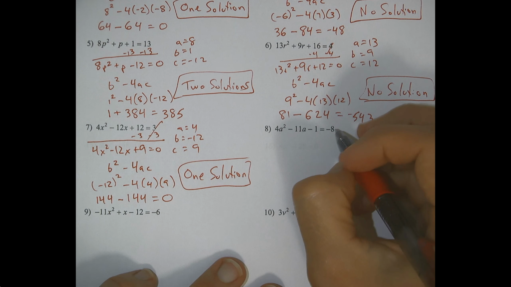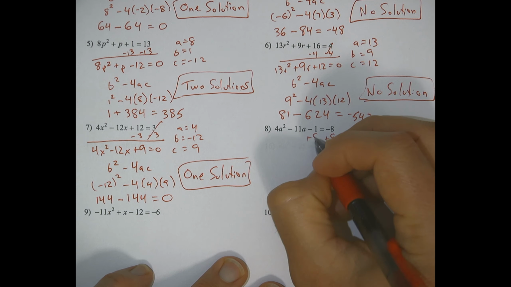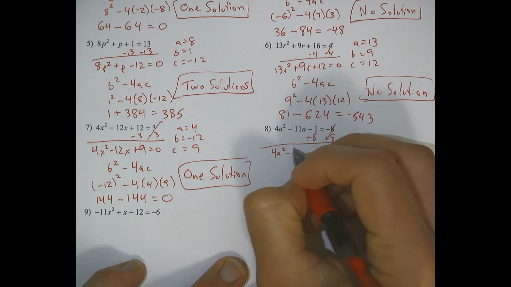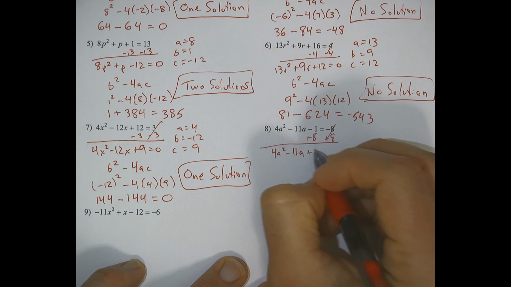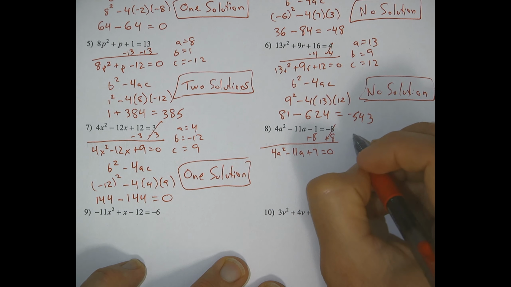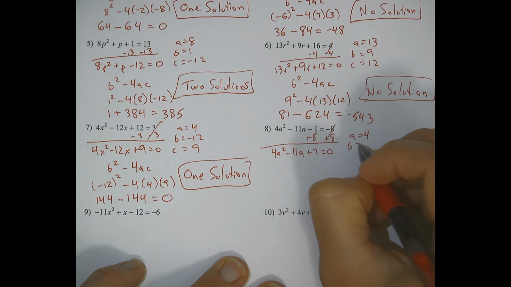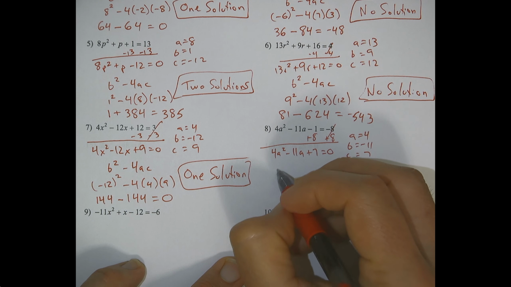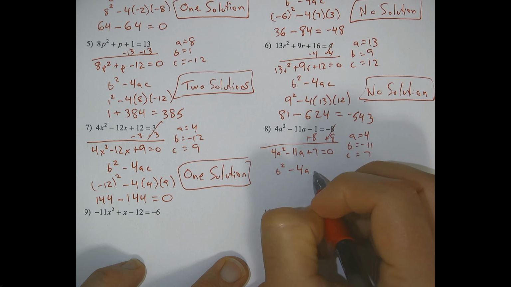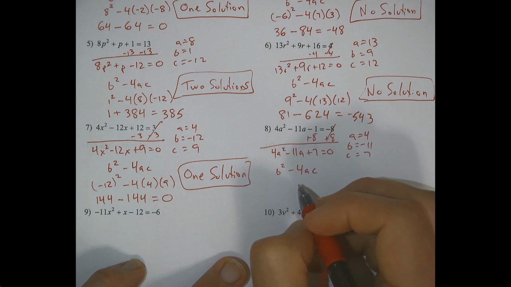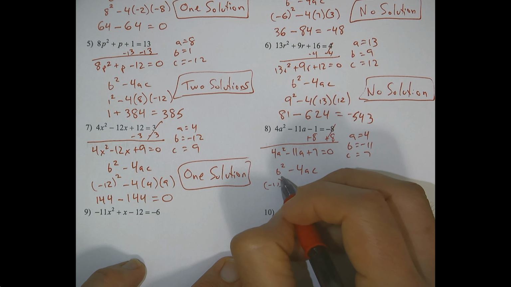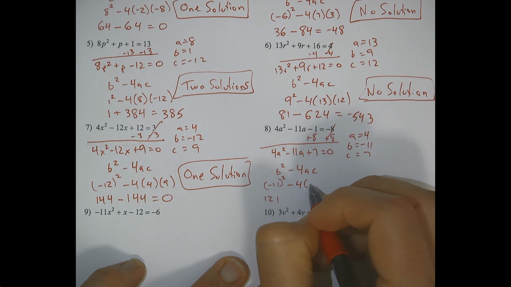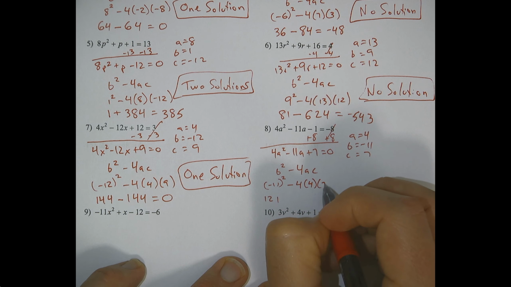Okay, number 8, get this in standard form. So this is plus 7. So A is 4, B is negative 11, and C is positive 7. So negative 11 squared becomes a positive number, that's 121, minus 4 times A, which is 4, times C, which is 7.